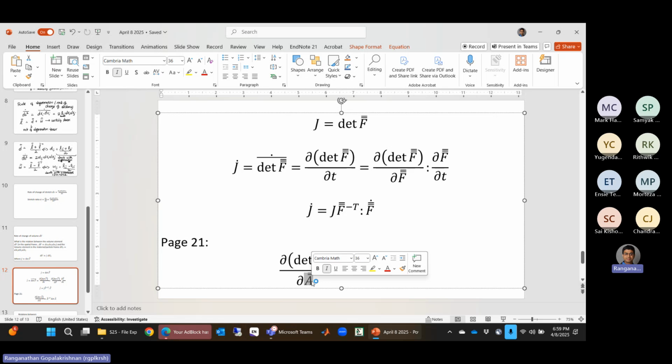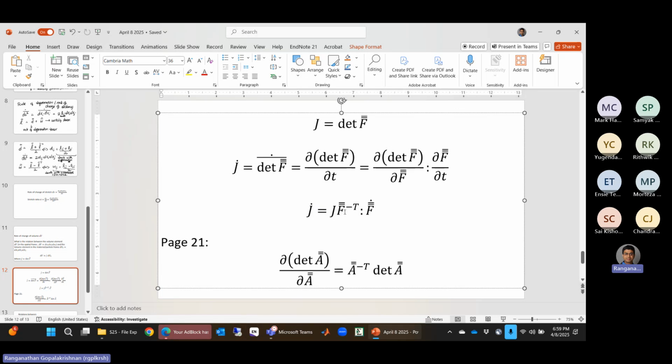It's sitting right there. So all I'm doing is counting on us to have already proved this, and using that result, determinant of A or determinant of F, we have given it a special symbol J, and J is a scalar, so you can multiply it later or before, multiplied by F inverse transpose, which is the same as A inverse transpose. So this is J dot. What is here? F, you know F because the deformation is known.